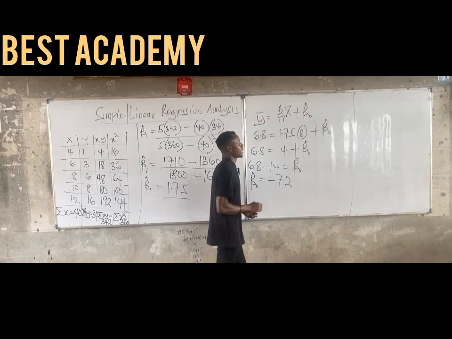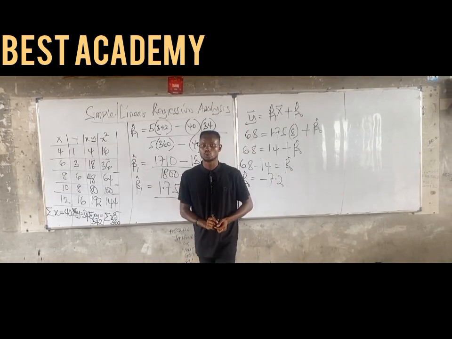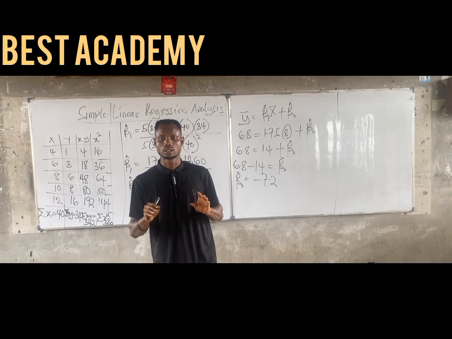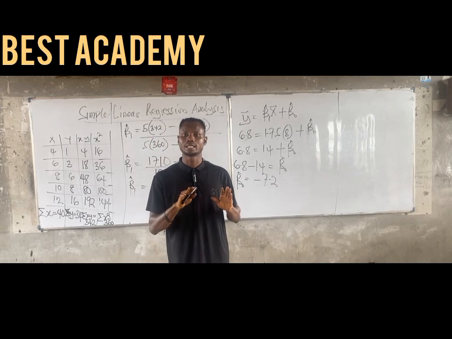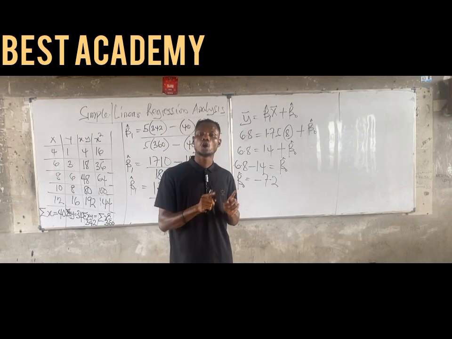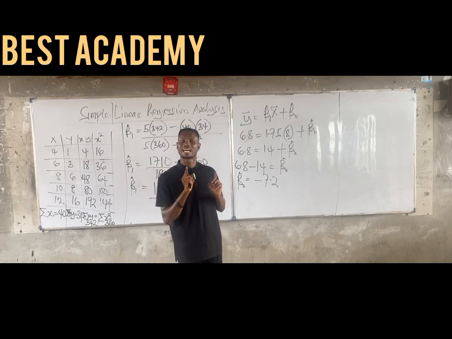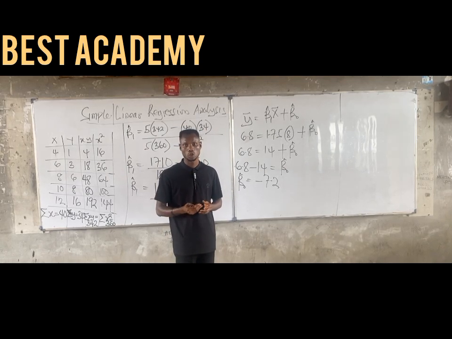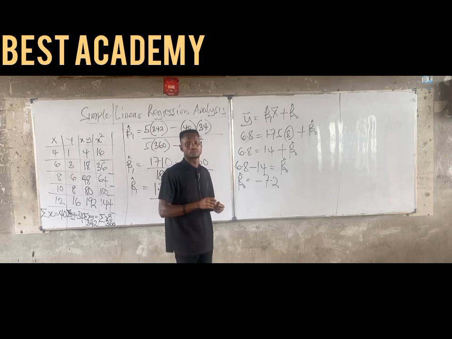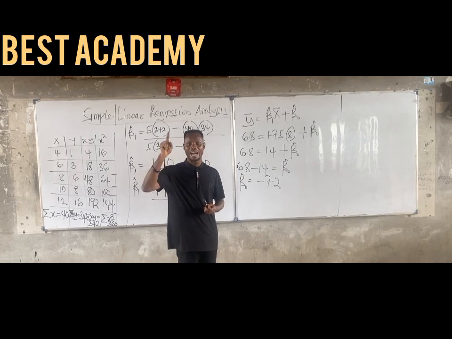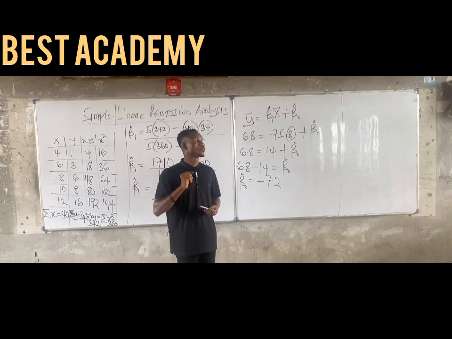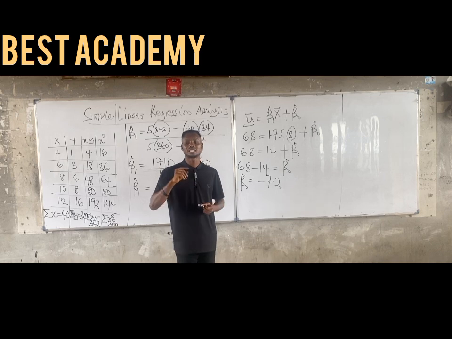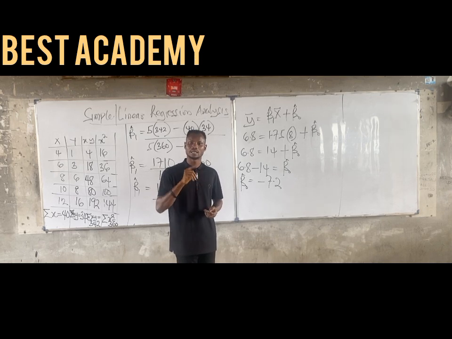7.2. Now the point here is, listen, we are not asked to calculate beta 1 hat, nor are we asked to calculate beta not hat. We are asked to calculate beta 1 and beta not. Now, what is the relationship between beta 1 hat and beta 1, and between beta not hat and beta not?